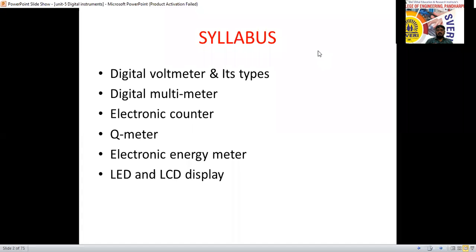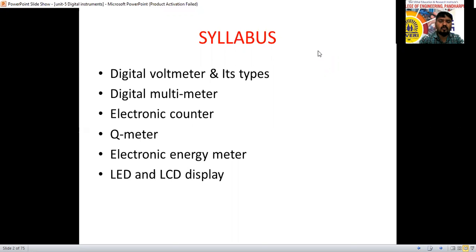We have the equipment in the machine lab, measurement lab. All the labs have digital multimeters. Whatever values we measure, current, voltage, digitally it is going to display. With the same meter we can measure voltage, current, resistance, continuity, frequency, everything by using one meter. That is called digital multimeter.